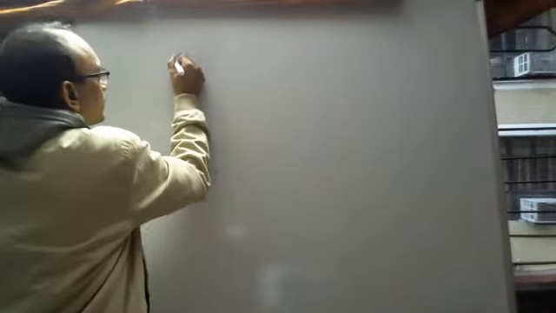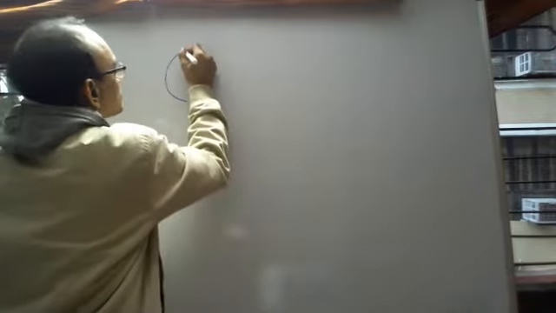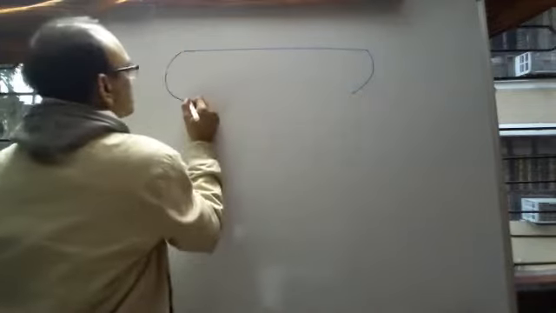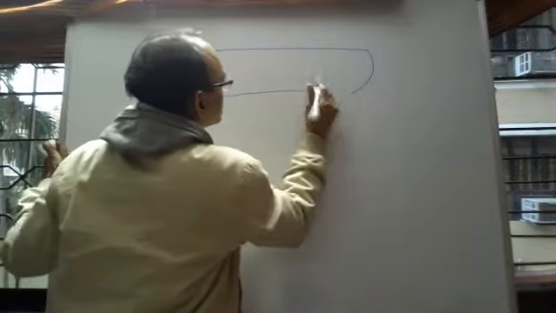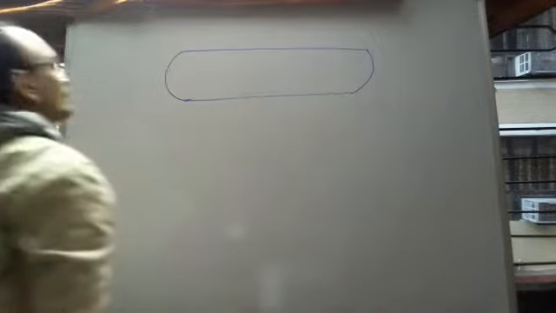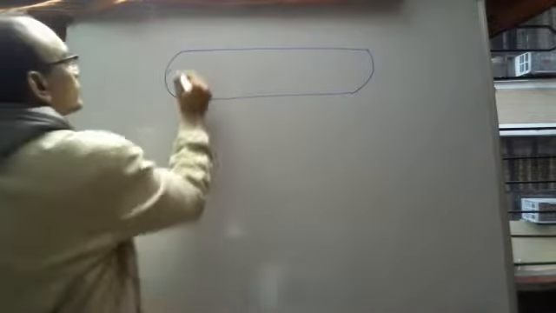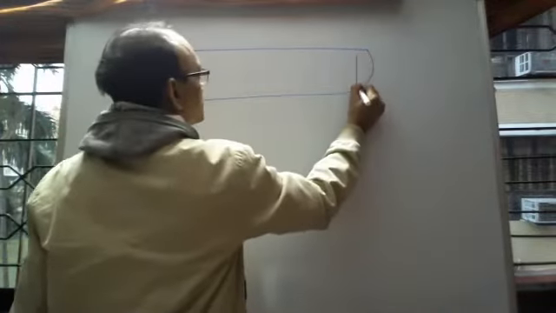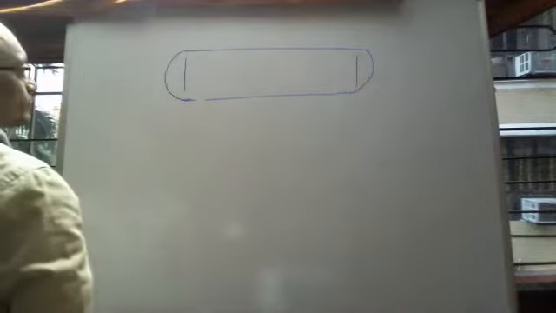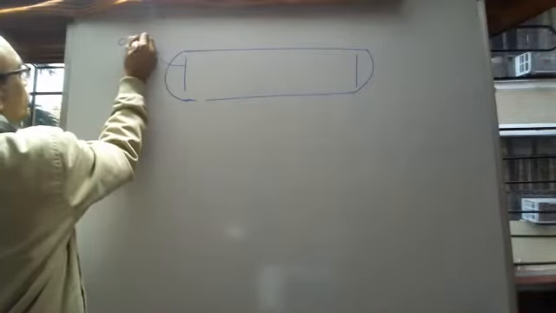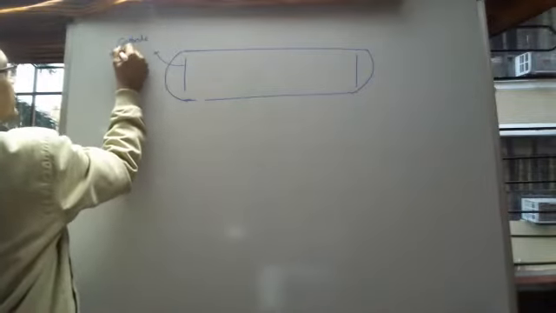So there is a transparent glass tube, and it has two metallic plates. One is the cathode, the emitter.